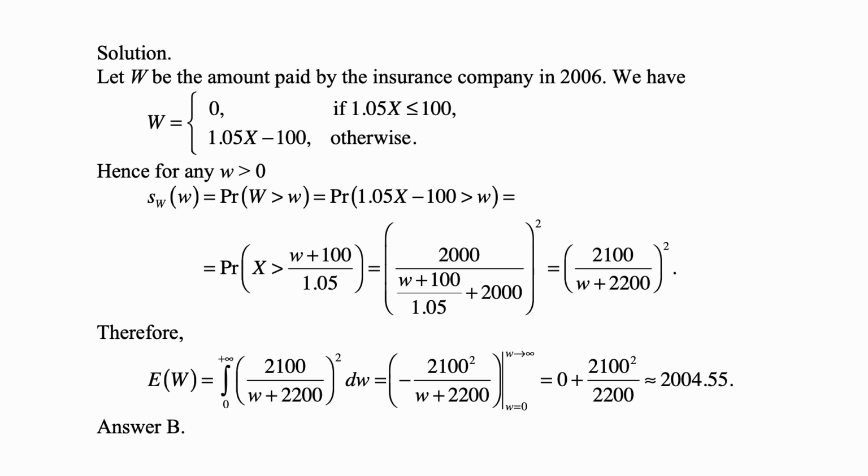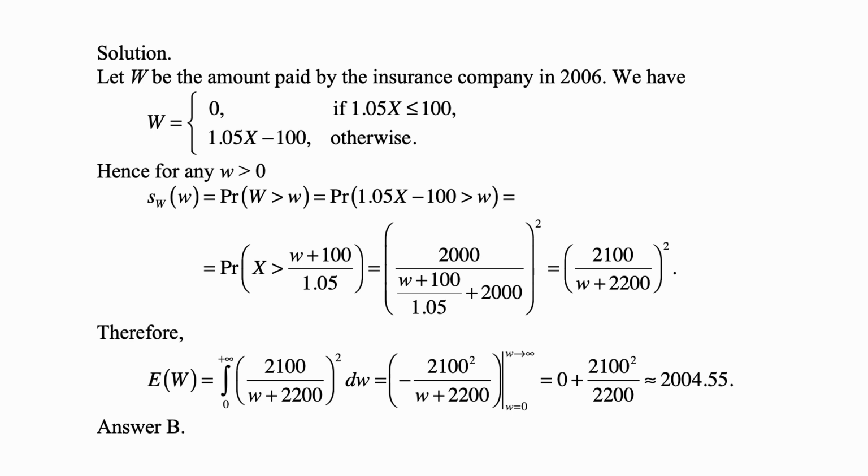The value of 0 happens, of course, with a positive probability corresponding to the deductible, but we are only really concerned with positive w to find the expected value. Of course, the value of 0 happening with positive probability will still not contribute anything to the expected value because it's the value of 0.